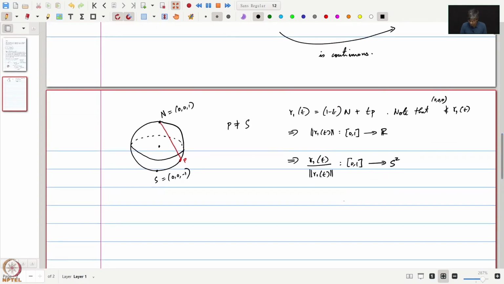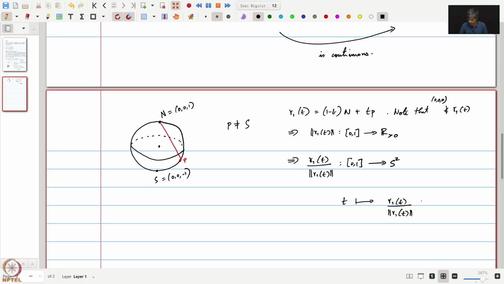So what is this map? This map is t goes to gamma 1 of t divided by the norm of gamma 1 of t. The norm goes to the positive reals. This is continuous because we are taking a continuous map and dividing it by another continuous map.